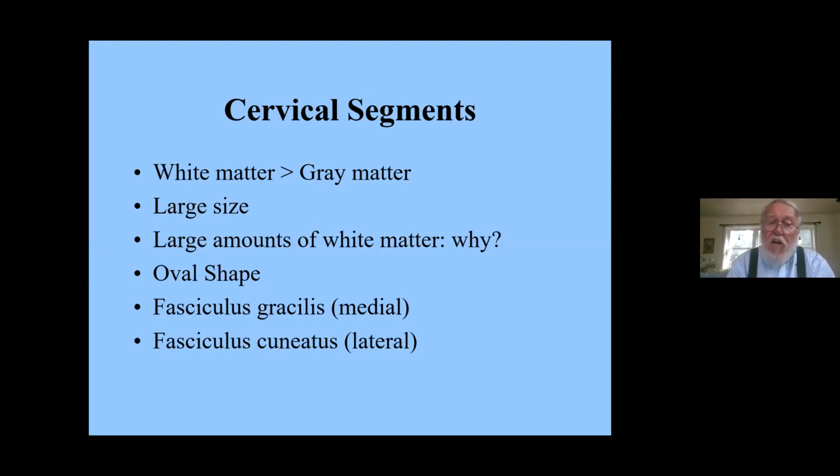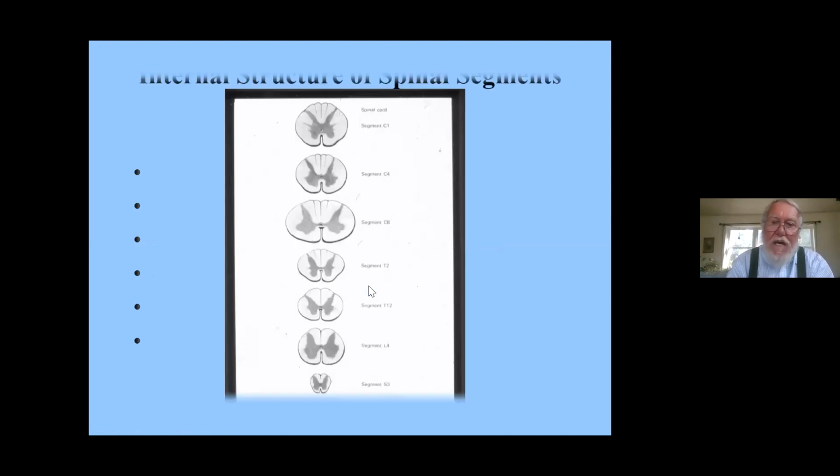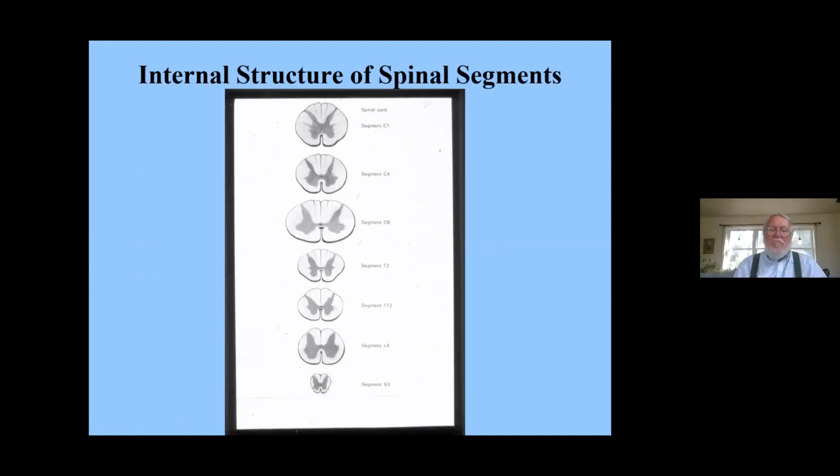So, we're just going to look at this and do this over and over again as we go through this lecture. So, if we look at these cervical segments, and here is a rendition of a C1, C4, and C8 segment, what do we start to first of all see?